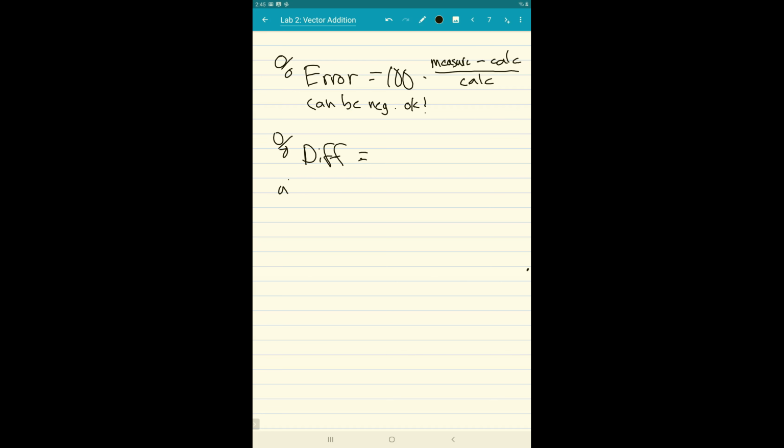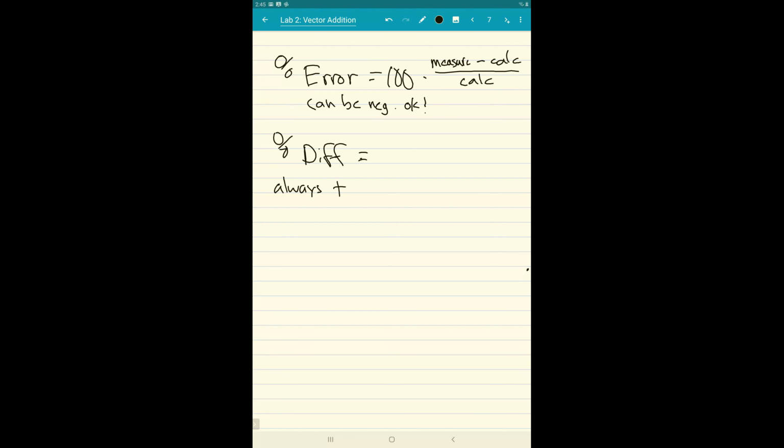Percent difference is always positive. So this one is 200 times the absolute value of one of your things minus the other thing. It doesn't matter which order, because the absolute value makes it positive, divided by those two things added.